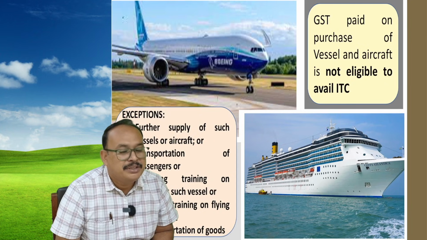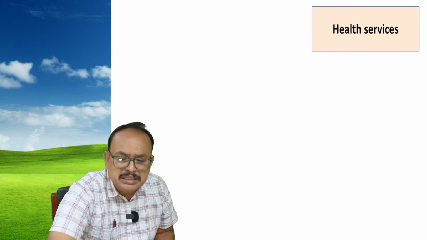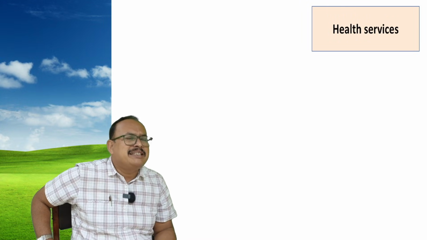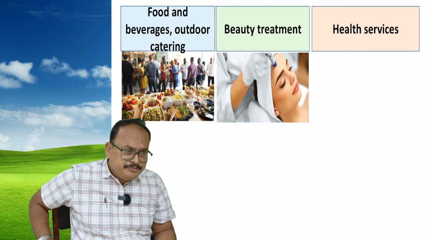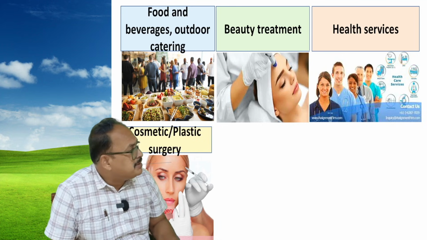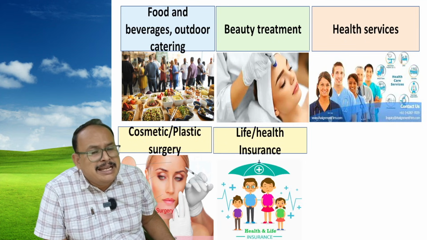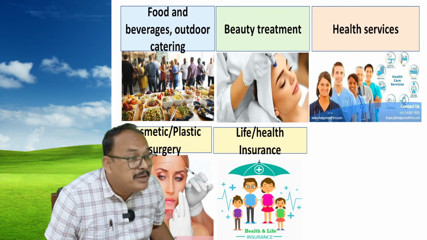These are exceptions. Once you cover this, furthermore, the following services are disqualified. What are they? Food and beverages, outdoor catering, beauty treatment, health services, cosmetic and plastic surgery services, followed by life insurance and health insurance services, are disqualified from claiming ITC.